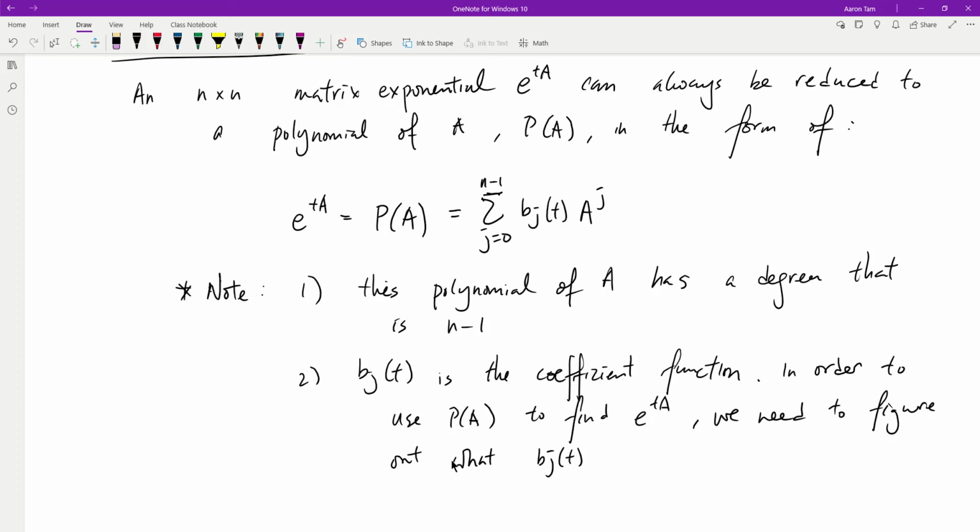We need to figure out all the b sub j of t, because it's not just one of them. If n is 2 or 3 or 4, then you have multiple coefficient functions, and it might be hard to understand what this expression looks like.